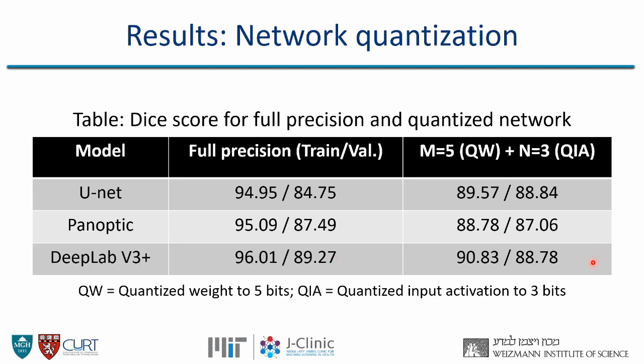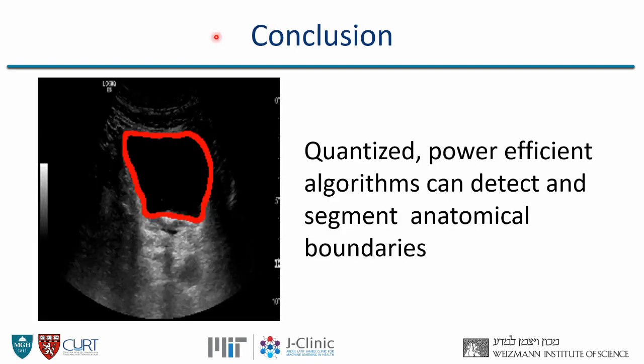This shows that we can use quantized networks which are lighter in weight and can be easily integrated into the ultrasound patch. Conclusion: we have developed quantized, power-efficient algorithms that can be used to detect and segment anatomical boundaries and are ready for integration into the hardware.